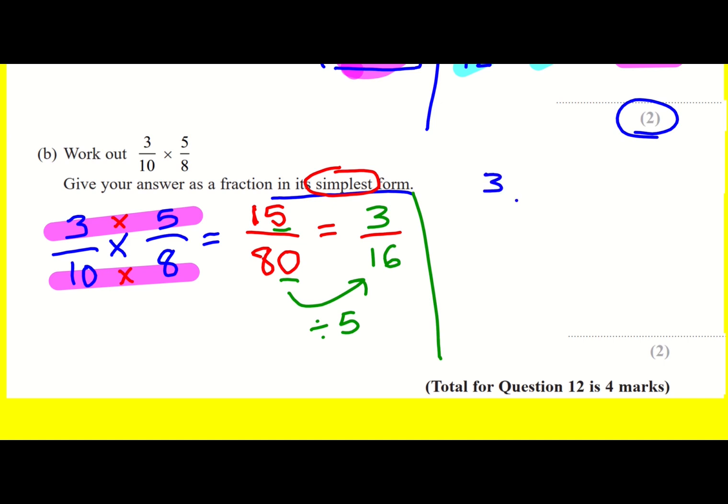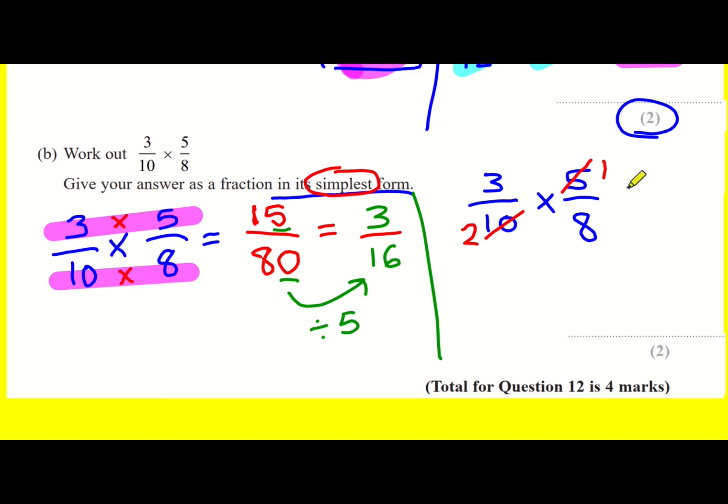So 3/10 multiplied by 5/8. Some methods you will see where you're sort of crossing out common factors here. So you can see that 5 goes into 10 twice, so this becomes a 2 on the denominator here, and this becomes a 1. And then the same process applies.